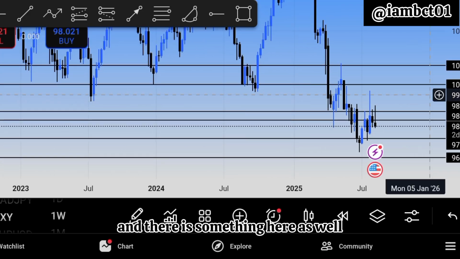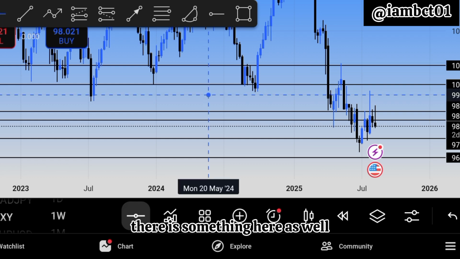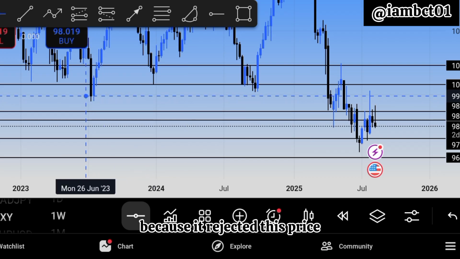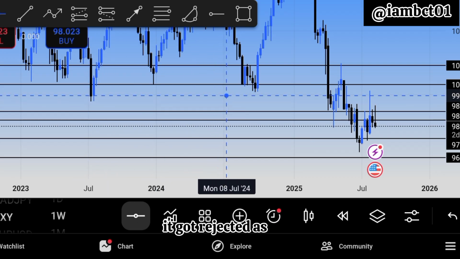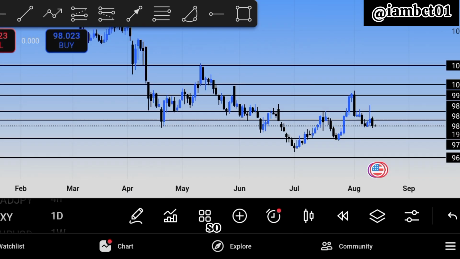There is something here as well, because it rejected this price, and when it got back to it, it got rejected as well. So back to daily.